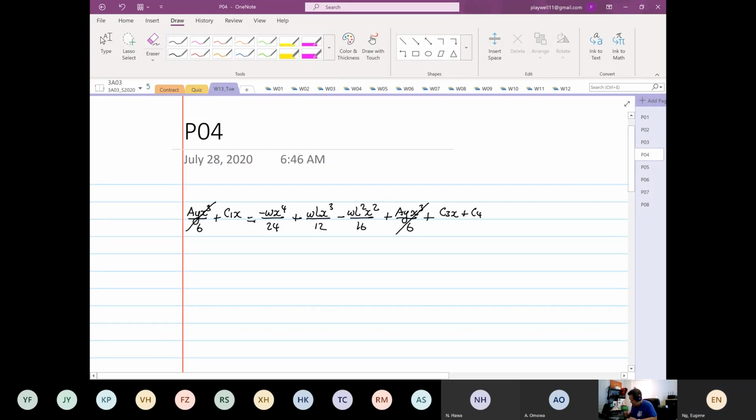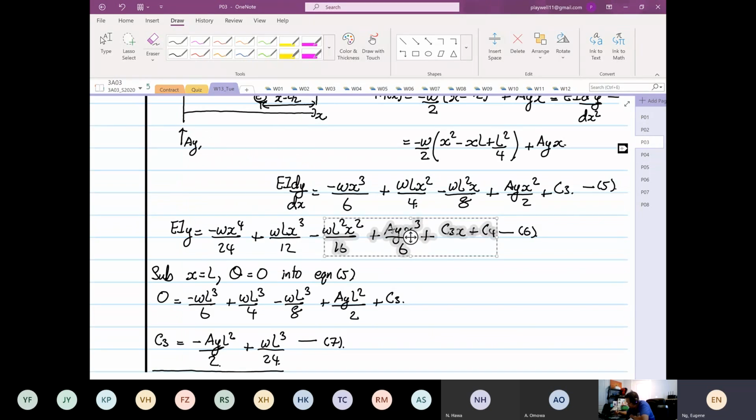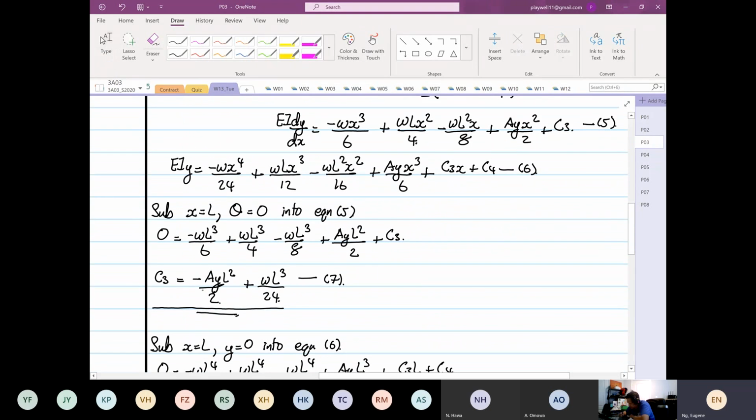Okay. Then we have our C3 and C4. We know our C1 also, right? So if we look at our C3 and C4, right? C3 is equal to minus AY L squared over 2 plus Y omega L cube over 24.